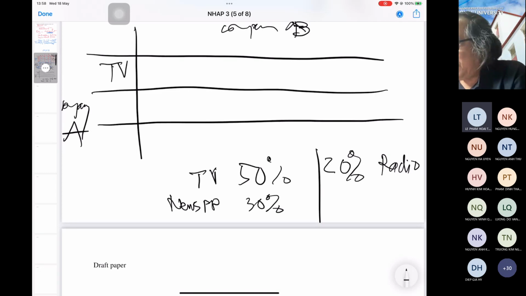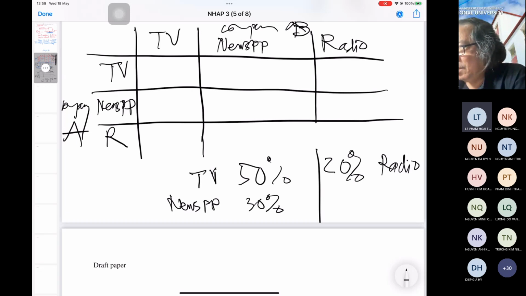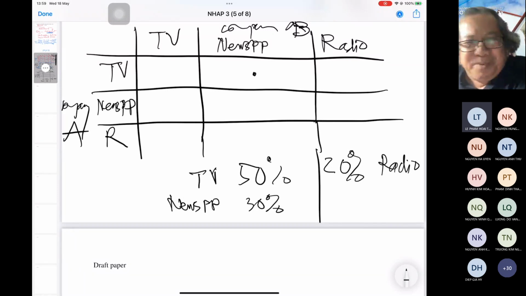Okay. And you write down here: television, newspaper, and then radio. Is that okay? And the company B is the same. They have 3 ways: television, newspaper, and radio. Now suppose that A uses television and B uses newspaper.